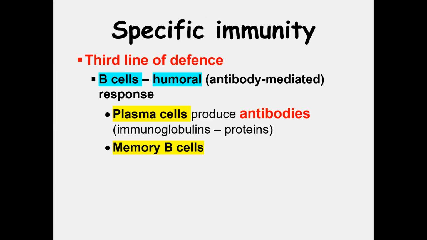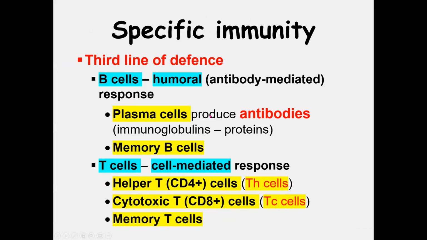That's internal. Now, the third line of defense is the specific one. This is the one you hear about when we talk about COVID. So we have two groups of cells, the B cells and the T cells. The B cells are called the humoral response cells. Humor in Latin means liquid, and the B cells produce the antibodies.